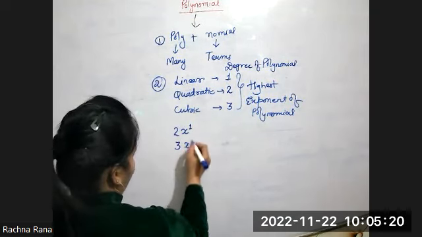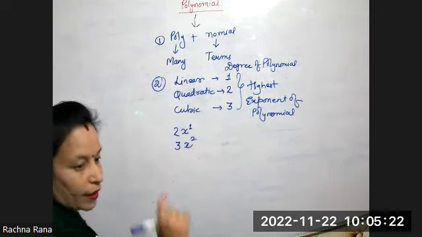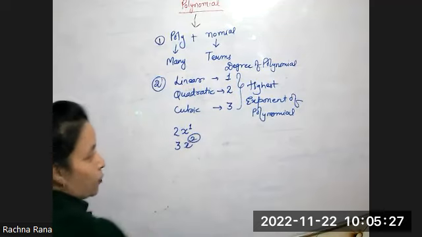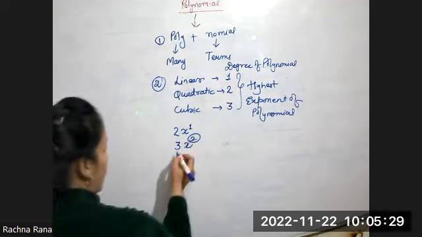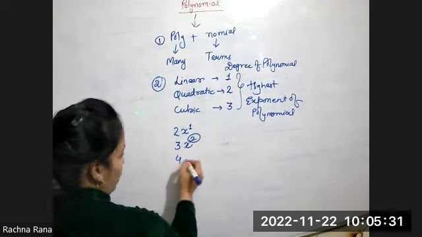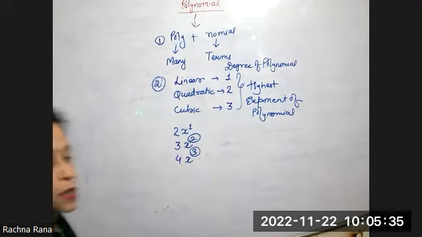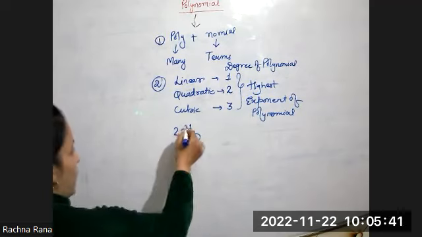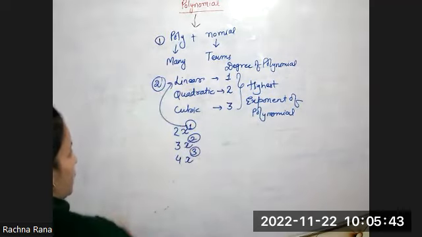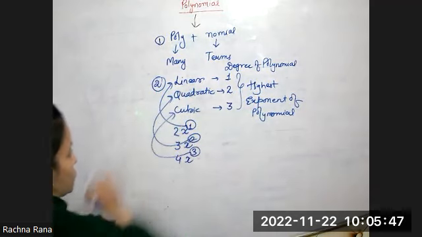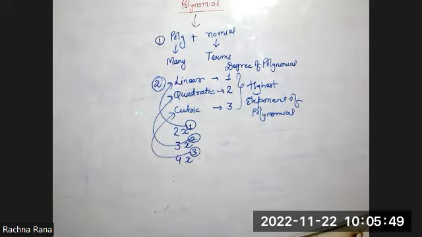If we take 3x raised to power 2, in this the highest exponent is 2. And in cubic, for example, 4x raised to power 3. This is the highest exponent of the polynomial. 1 represents linear, 2 represents quadratic, 3 represents cubic polynomial.